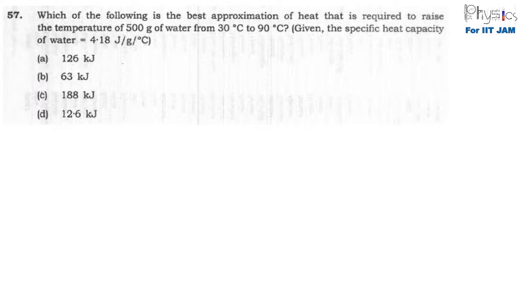See, here the question is, which of the following is the best approximation of heat that is required to raise the temperature of 500 gram of water from 30 degrees Celsius to 90 degrees Celsius? Given the specific heat capacity of water is 4.18 joules per gram per degree Celsius.